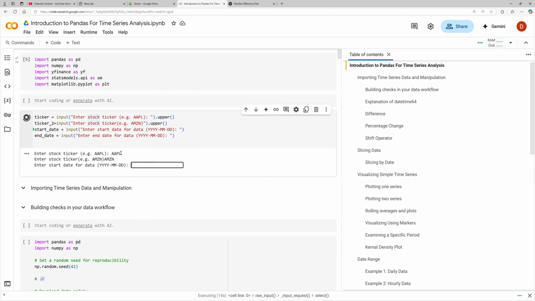Then I'll put 2020. Actually, I'll put in earlier. And then I'll put in 2025, 04, 17, today's date. So I've got all my parameters set up.